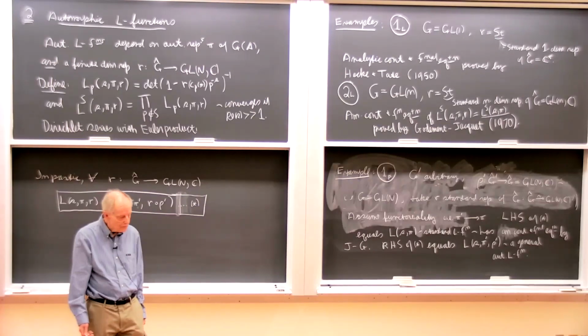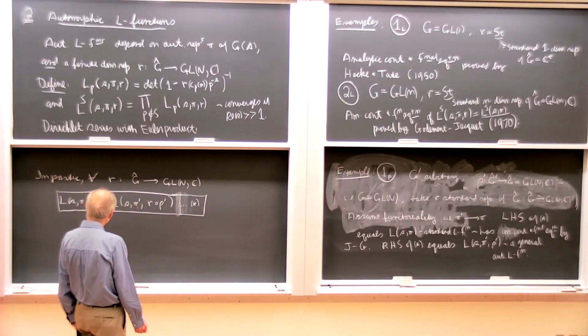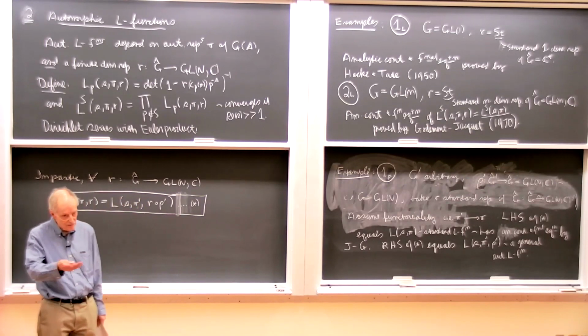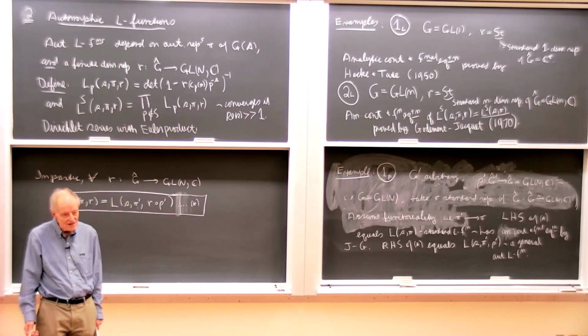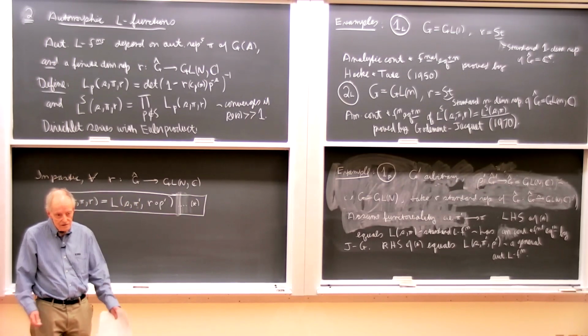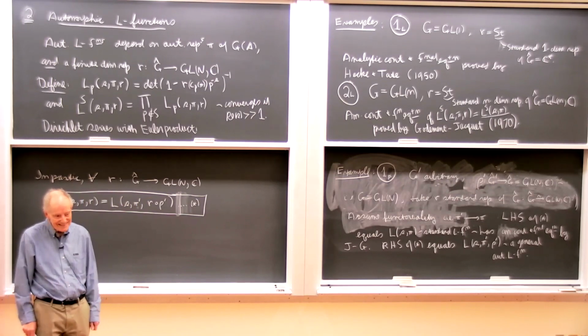And when you say a finite dimensional representation R, is that an algebraic representation? Yes, that's right. Any representation between dual groups or complex groups, we would understand it to be analytic.